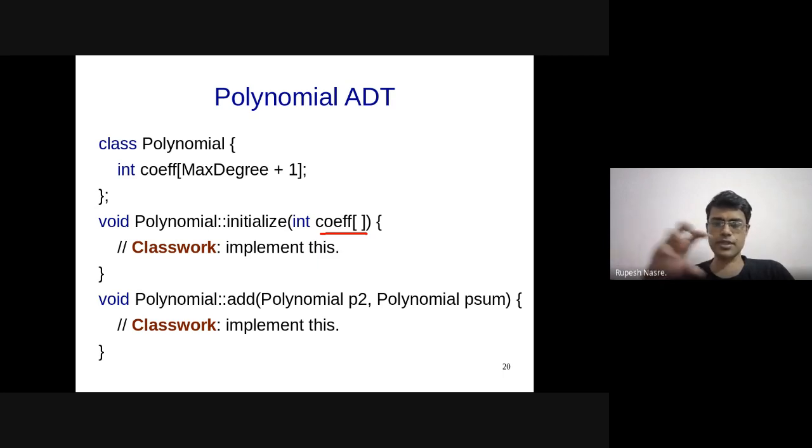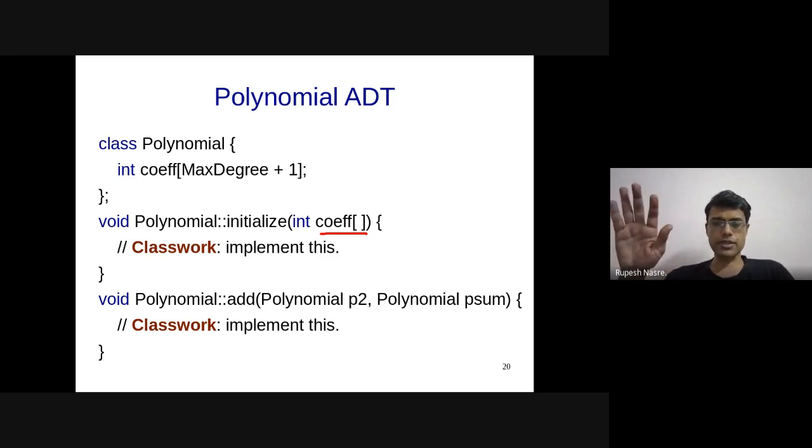As I was mentioning, think about this more like pseudocode or just some snippets at a high level, but this is not the actual code, which means that you probably have to pass pointers. So I need to specify polynomial star P2, polynomial star Psum. Alternatively, there is a provision in C++ to pass variables by reference.